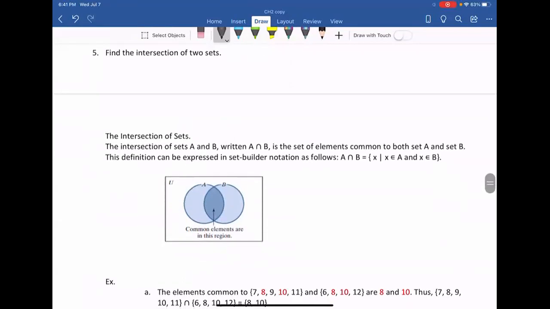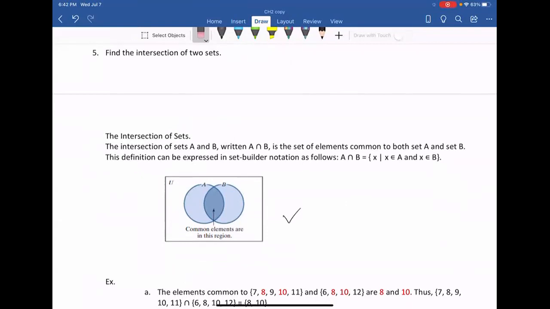Okay, let's move on to part 5. Find the intersection of two sets. The intersection, we already talked about that. In this Venn diagram, the intersection part is the dark blue area.